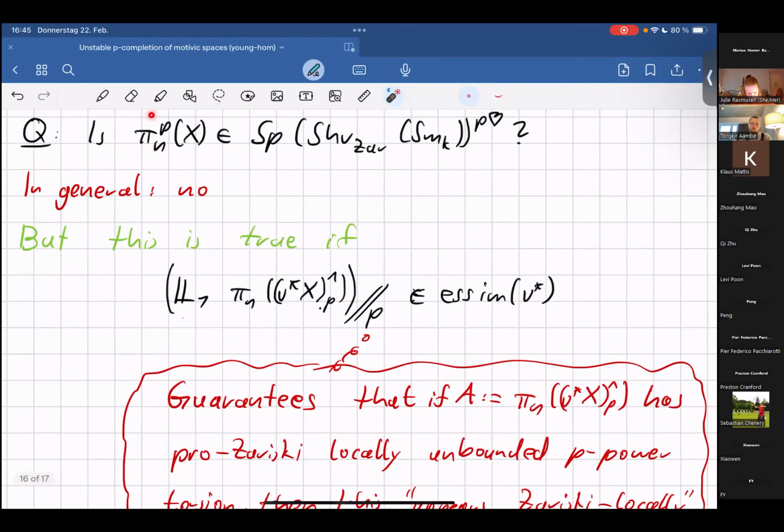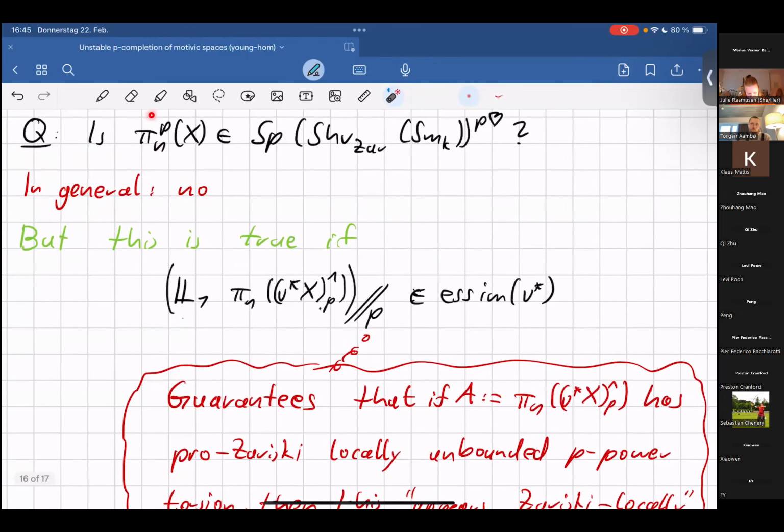And that this guy is living in the essential image here just guarantees that if this guy has pro-Zariski locally unbounded p-power torsion, then this unbounded p-power torsion can already be detected Zariski locally. And I can say what this means in technical terms, but maybe because of time I will not do this.